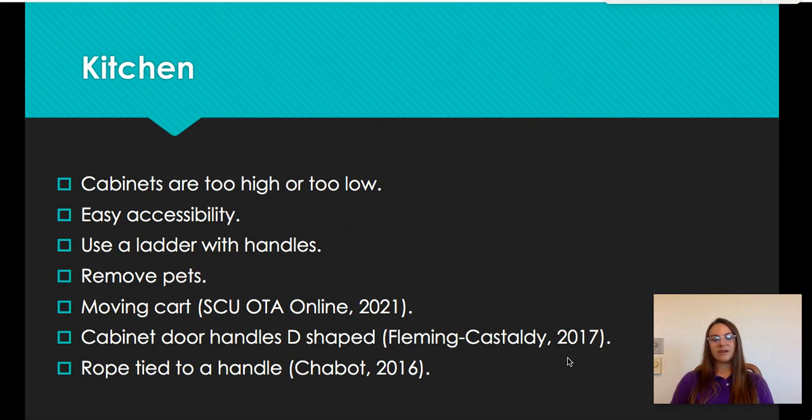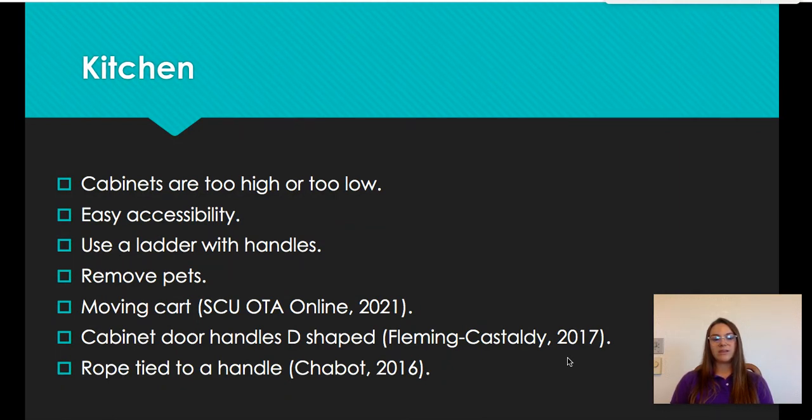For the things that are high up and hard to handle, do not use a stool, but instead use a ladder with handles. Make sure when you're cooking to remove any pets so you can put them outside. You can put them in a kennel. If you have difficulty with mobility or weakness, you can have a moving cart that you can place your items on to move across the kitchen.